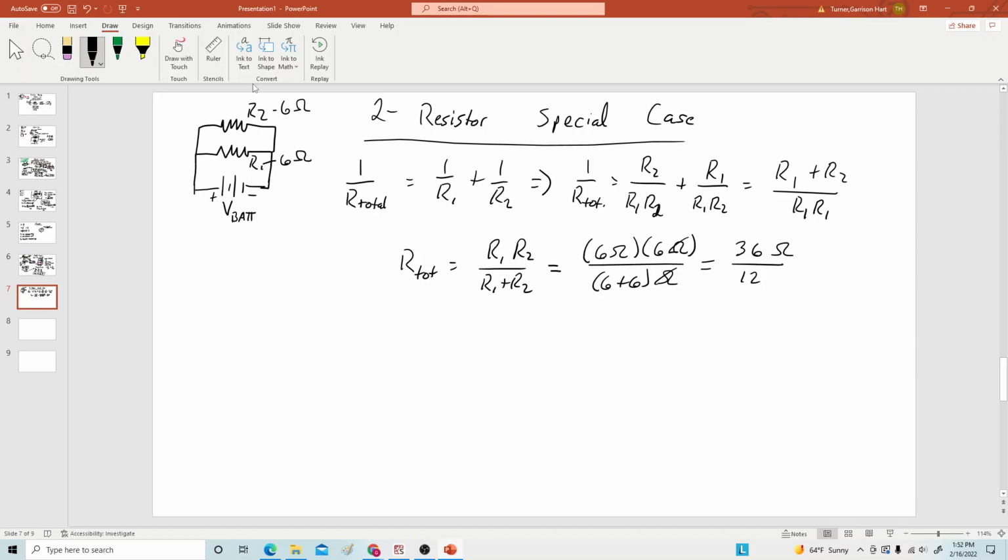And that turns out to be 3. So this circuit, as far as my battery is concerned, and the amount of current that the battery will push, is equivalent to this circuit, where the equivalent resistance is 3 ohms.